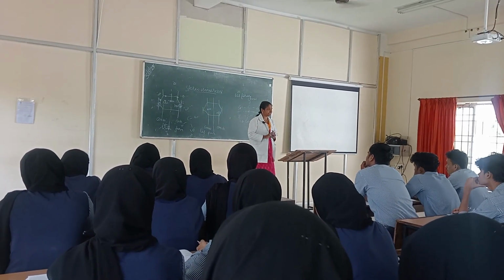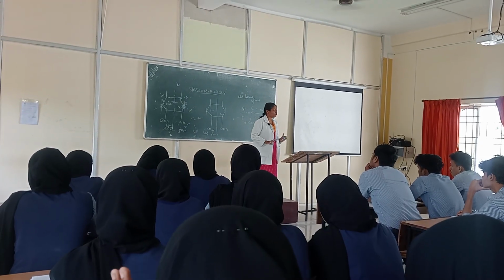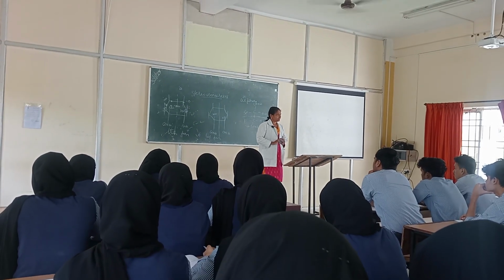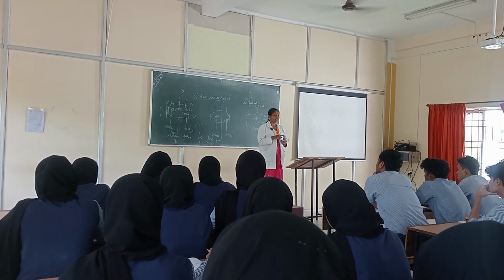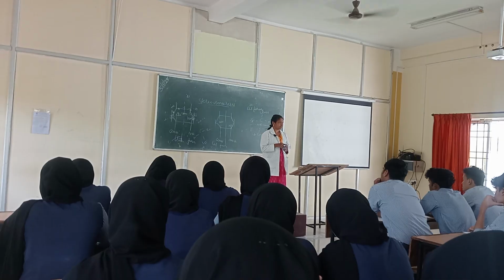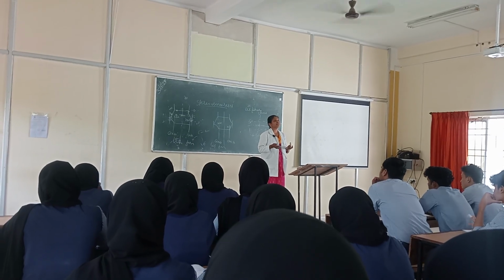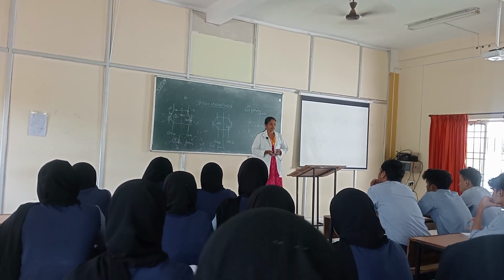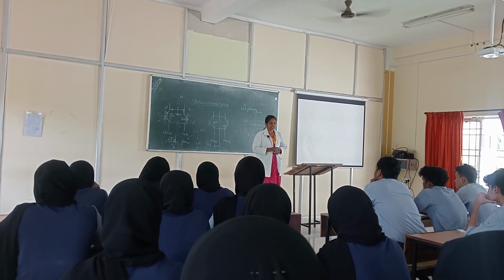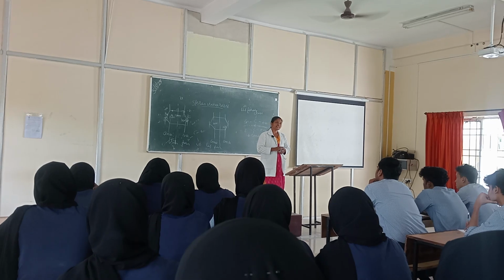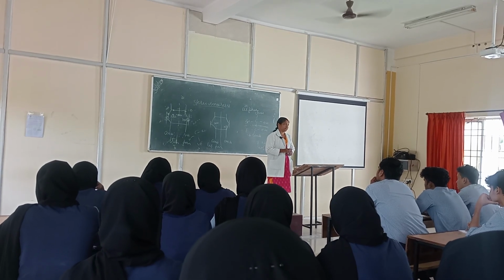It is optically active. You do not have mirror images of each other. Achiral means the carbon does not have 4 different groups; maybe 2 groups or 3 groups are there. So it is known as achiral. Achiral is optically inactive. For example, isotartaric acid.